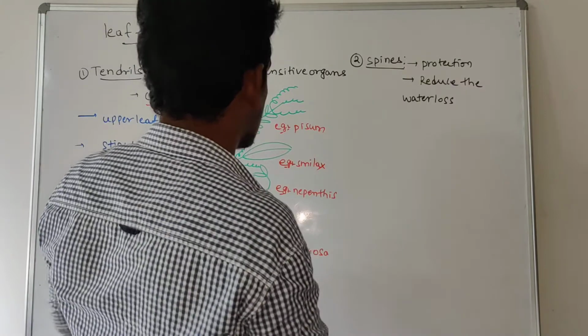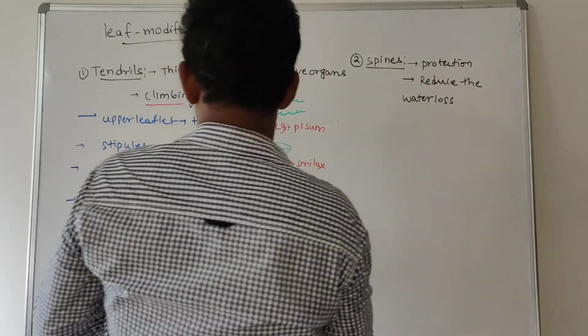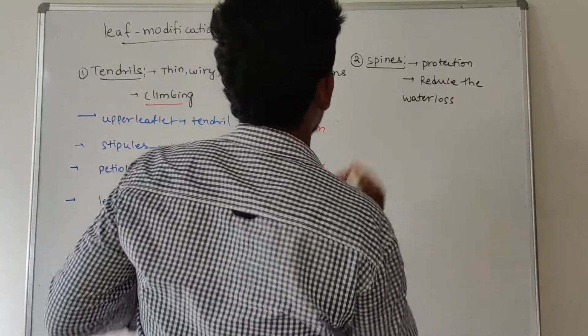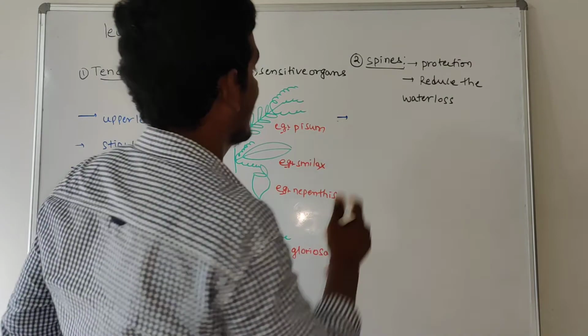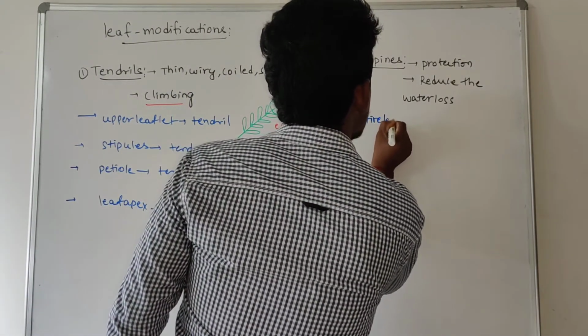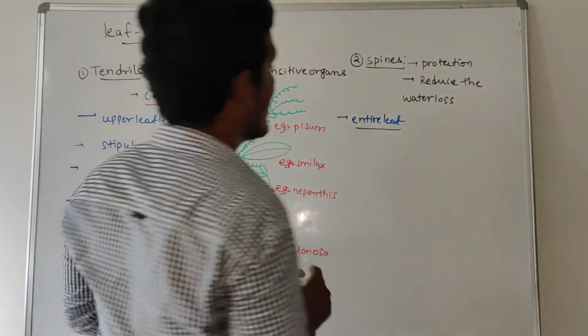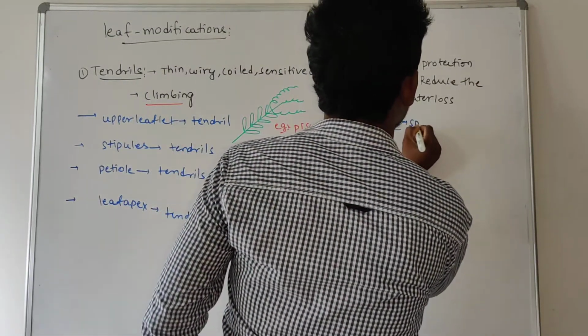Now we will see all those examples. In the cactus plant, the Opuntia plant, the entire leaf may be modified into spines.